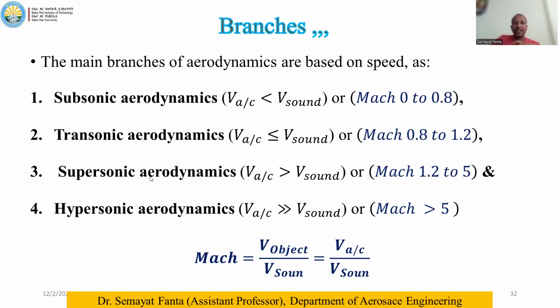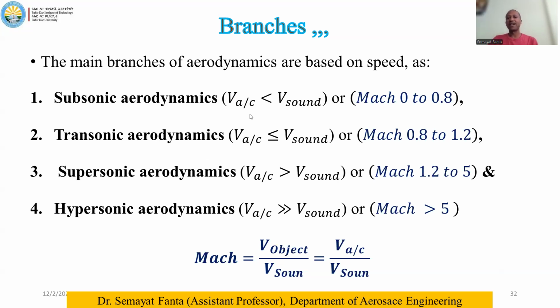Based on that, how can we classify aerodynamics: subsonic, transonic, supersonic, and hypersonic, and then also hypervelocity. If the Mach number is much higher, we call it not hypersonic, but hypervelocity aerodynamics.